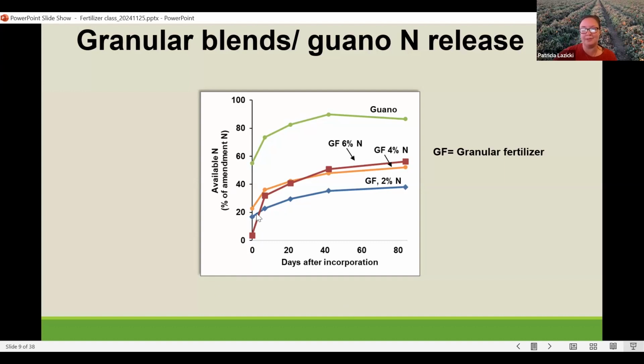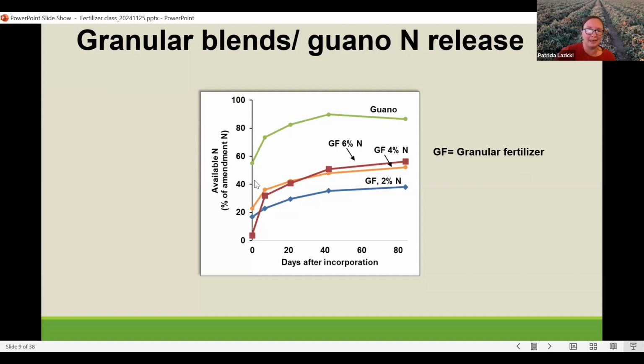It started out with a fair amount available because of the manure, and then a slower release. Whereas the 6%, it had a lot of feather meal in it. So like feather meal, it's a slaughter product. It started out really low, but had a quick release. And so the main thing to think of when you think of granular fertilizer is it'll probably follow the percent nitrogen, both in how quickly it becomes available and in the total amount.